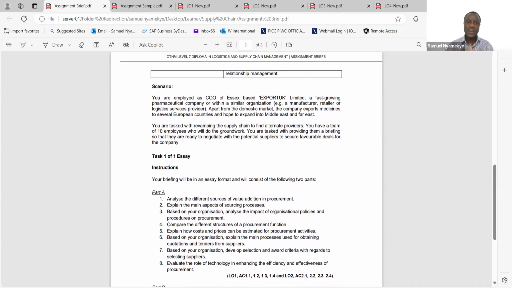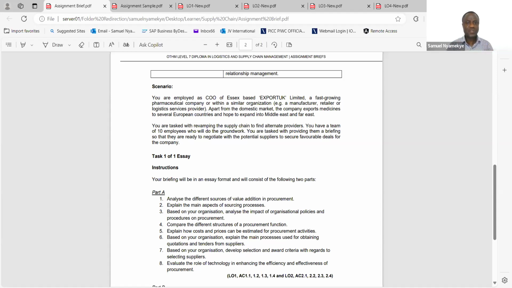You write as if you are in the capacity of the chief operating officer, the one who looks after the operations of the business. Yeah, so if you are the chief operating officer for a company that has been specified, or a similar company that you want to use, you write in that capacity. So use the company as the case study that you are discussing.